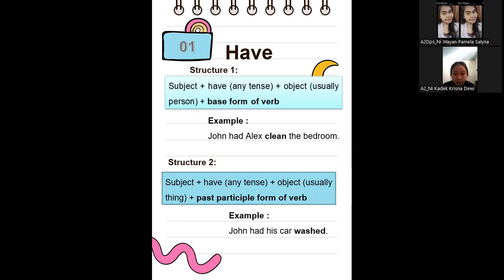For example, John had Alex clean the bedroom. Structure number two is subject plus have or any tense plus object, usually thing, plus past participle form of verb. For example, John had his car washed.